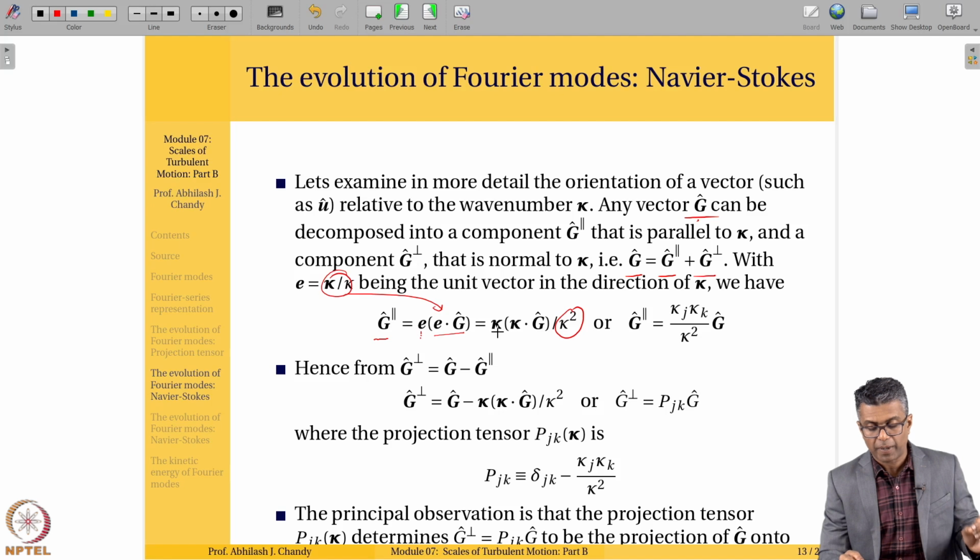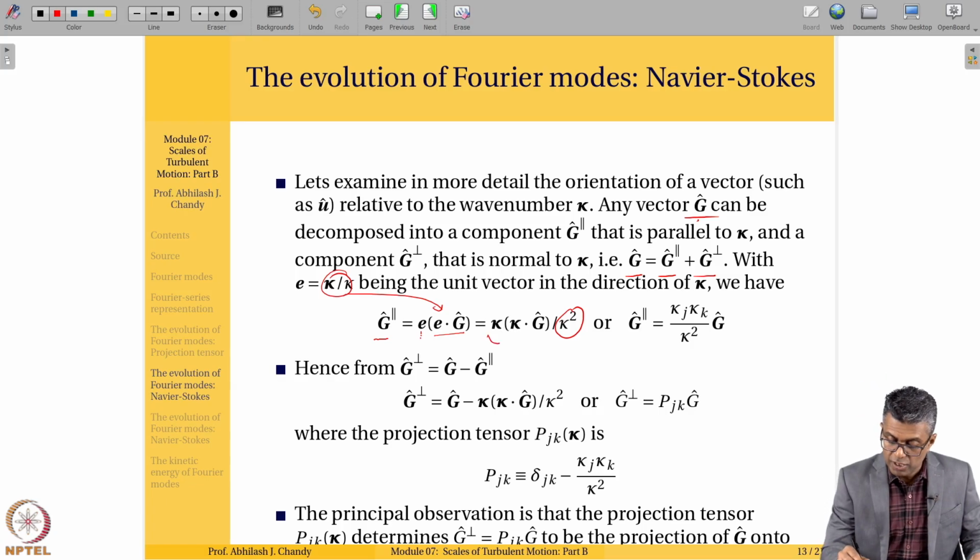You multiply that by another kappa and then you have a kappa j, because kappa k g k has k as a dummy index. So this part here becomes kappa k g k divided by kappa squared, isn't it?